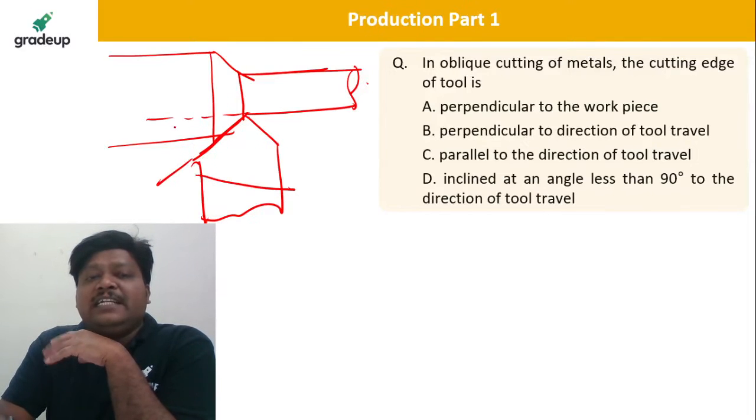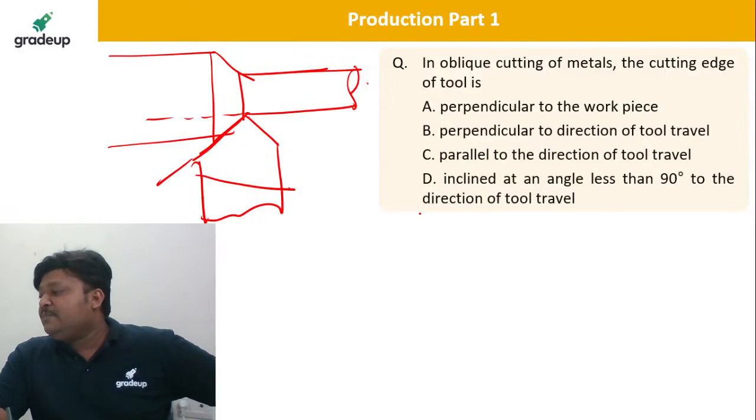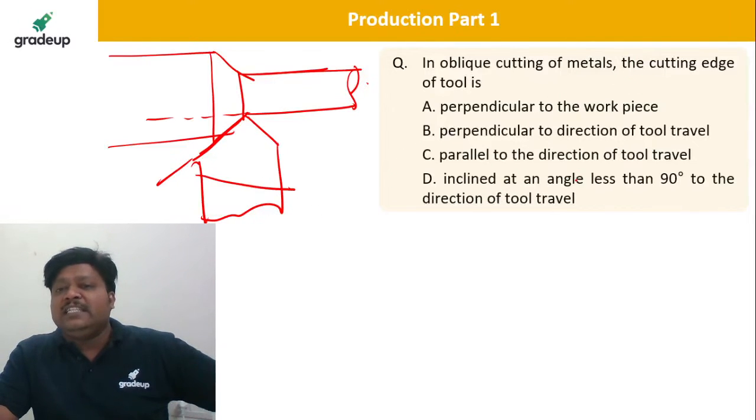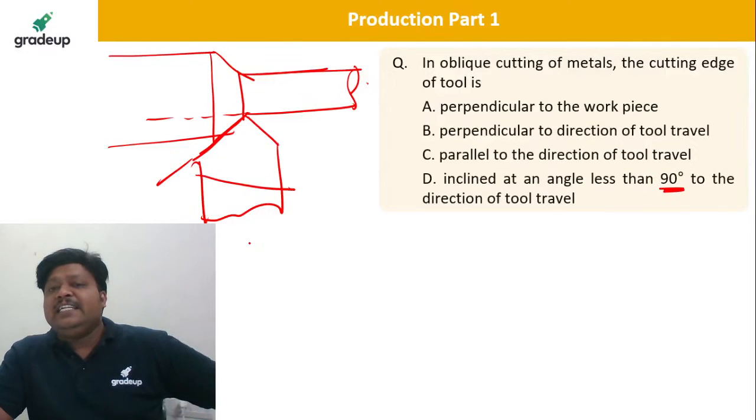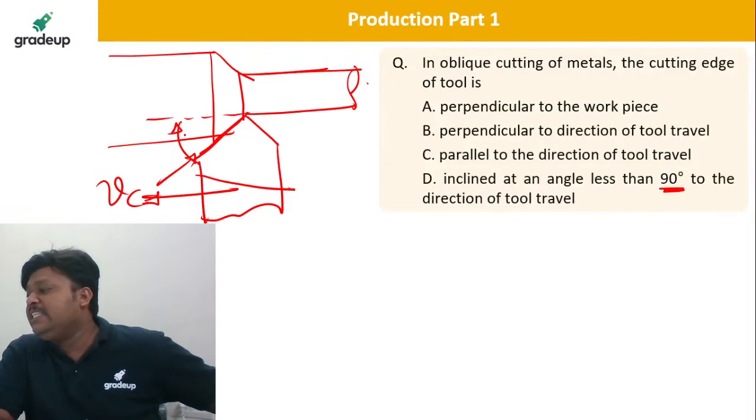The angle is not 90 degree, it is other than 90 degree. So in oblique cutting of metal, the cutting edge of the tool is inclined at an angle less than 90 degree to the direction of tool travel. Yes, D is the correct answer.